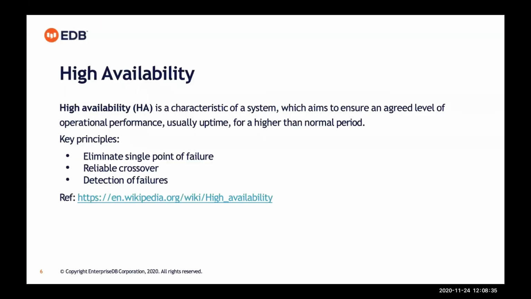So, high availability. I have taken this definition directly from Wikipedia. Wikipedia says that high availability is a characteristic of a system which aims to ensure an agreed level of operational performance, usually uptime, for a higher than normal period.